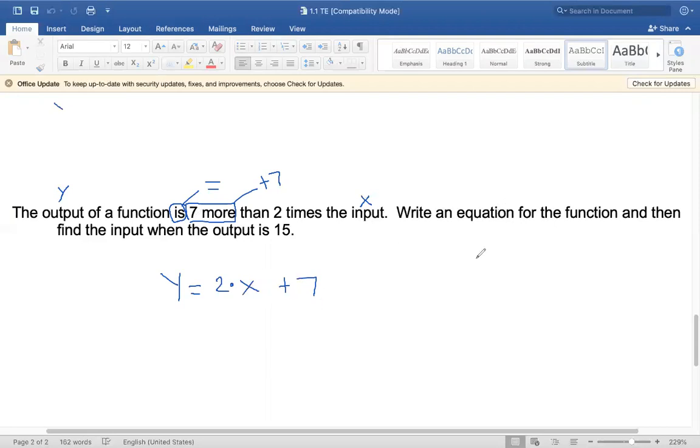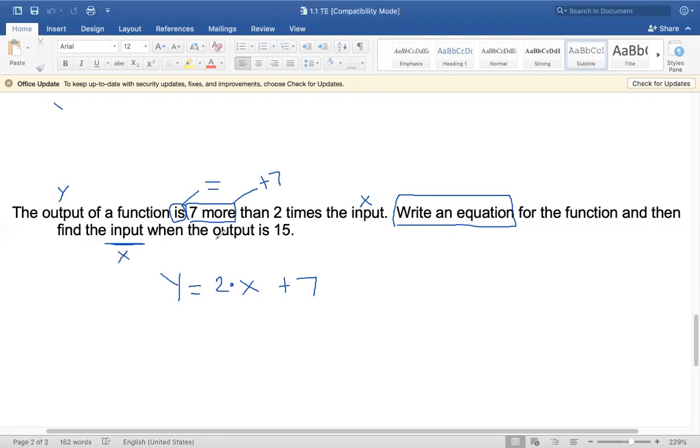Okay, so what we've done is we've written an equation for the function. Now the next question here is then find the input. So you want to find the input. Well, what does input represent? That's your x.